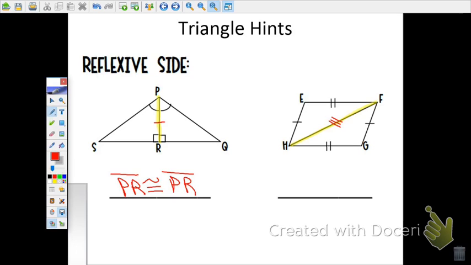So I put 3 tick marks on there because I now know that side HF is congruent to itself, and the reason would be the reflexive property. So that's one thing we always want to look at in our pictures: do we have a shared side that we can mark?